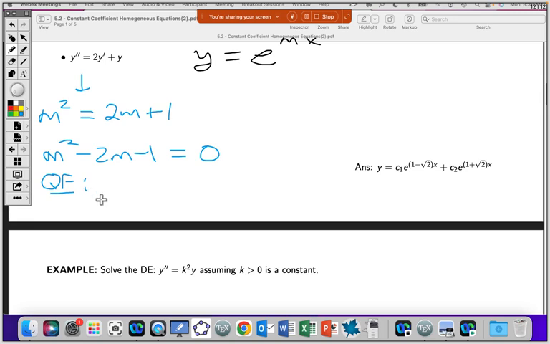The first thing I always check with quadratic formula is the discriminant. What kind of answers are we going to get? So what's that discriminant work out to be when it's all said and done?